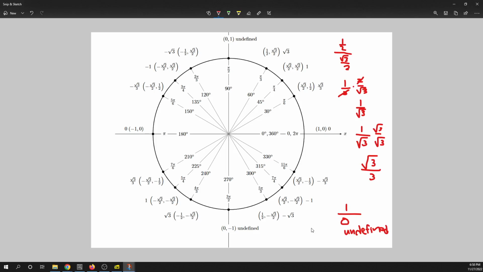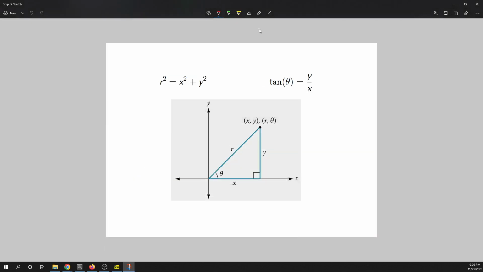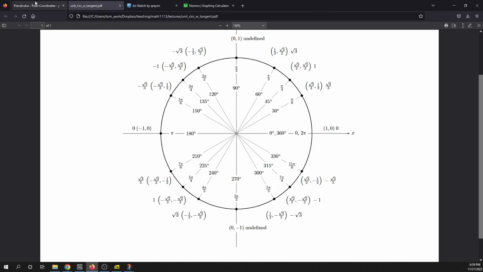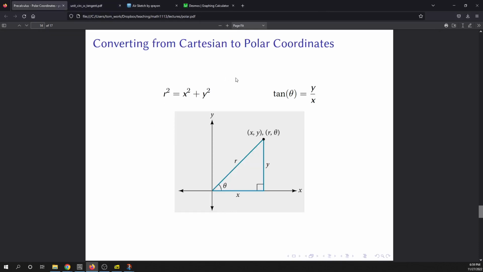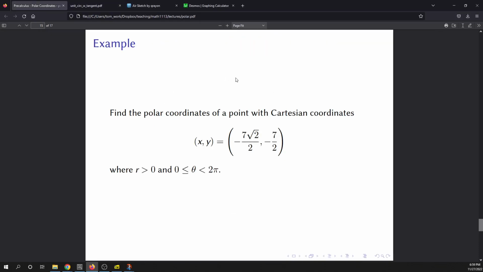Remember, one of the weird things about converting to polar is that there are infinitely many correct answers. So sometimes we're going to put restrictions on the problems, and use those restrictions to make it give a unique answer. An example of what that might look like is here, and this is the example that we'll do next.